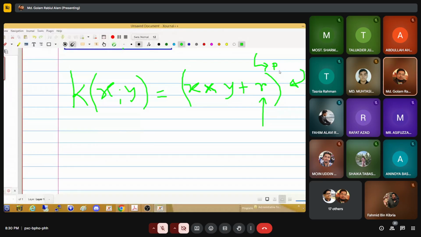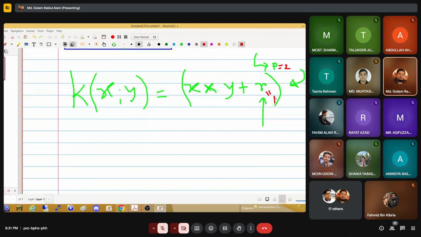So here is how it works. We can think about our polynomial kernel. Let's say we want to apply the 2-degree polynomial, so that is p equal to 2, and we want to use the value of r equal to maybe 1.